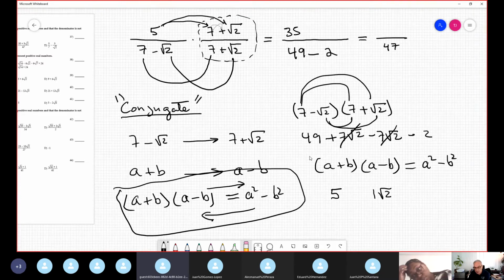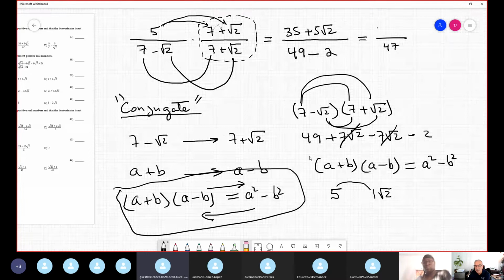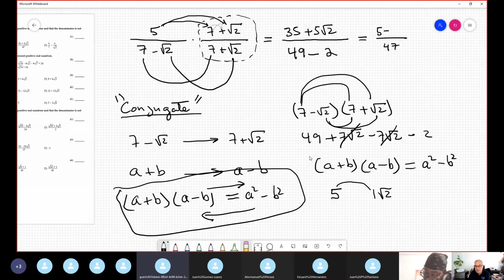And you multiply this times this, que es 5 radical 2. What is the final answer then? The final answer is 35 plus 5 radical 2. It's the answer.